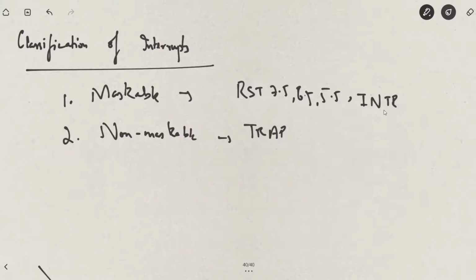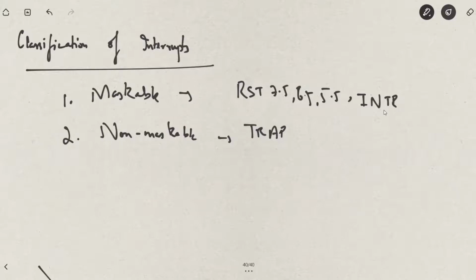Preventing the interrupt from interrupting is known as masking. So if your interrupt is maskable, it can be prevented from interrupting the microprocessor, while TRAP, a non-maskable interrupt, cannot be masked, that means it cannot be prevented from interrupting.